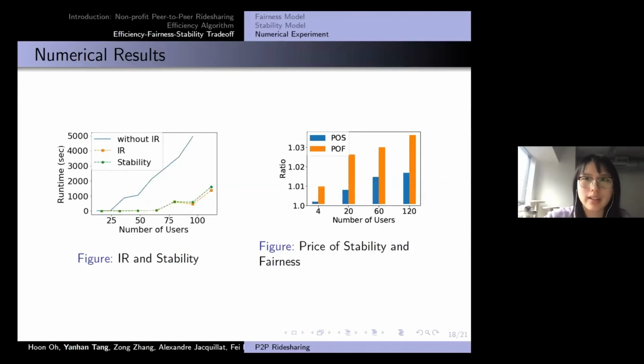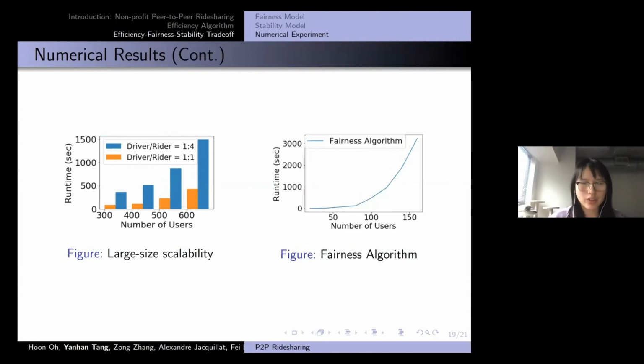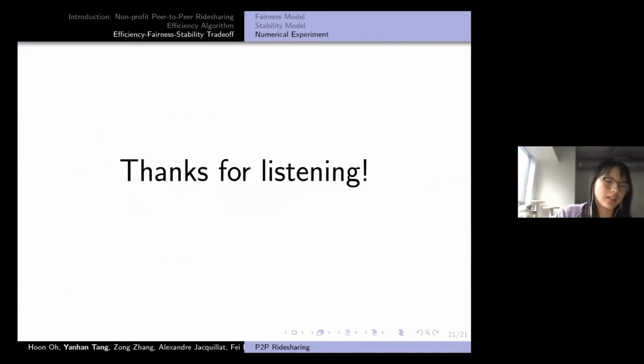So it's good to add these additional user-centric features without sacrificing too much on efficiency. We also tested our algorithm at large scale. It scales pretty well. That's pretty much what I have, and I'm ready to take any questions.